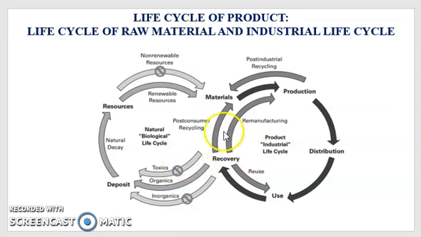The two life cycles intersect at the extraction of the natural resources and the decomposition of organic materials back to nature. The product industrial life cycles last from a few months to a few years, whereas the natural life cycle spans a wider range of periods.